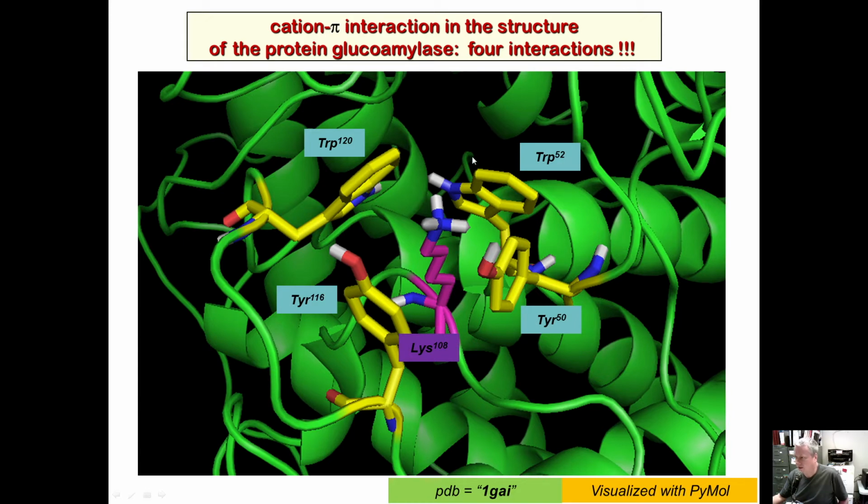And this all kind of stabilizes the structure by all of these things being attracted to that positive charge. So this is an unusual example with a lot of these interactions, 4 of them.